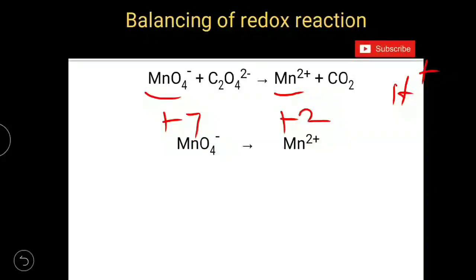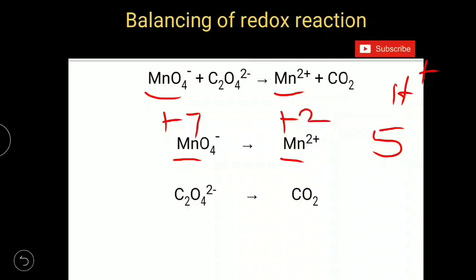But we need to see whether these manganese atoms are balanced or not. They are already balanced. If the atoms whose oxidation states we have measured are balanced, then the difference in oxidation state itself is equal to the n-factor. So the n-factor of permanganate is 5.